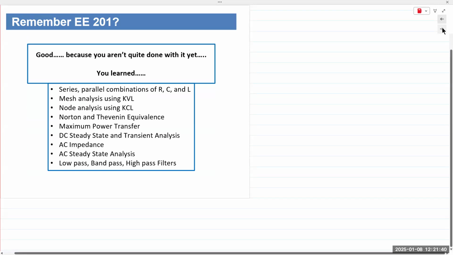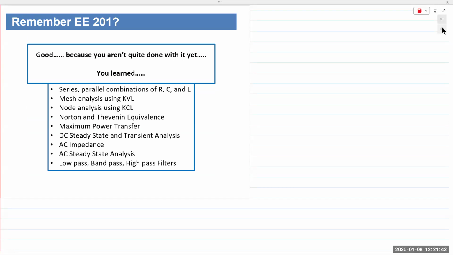We are not quite done with it yet because all analysis techniques are based on the same three principles, same three equations. You have Ohm's law, you have KCL, and you have KVL. Your entire 201 course is just based on these three equations. That's it. All analysis techniques are derived from these three equations. These are the only three techniques that you need to know. Not techniques, sorry.